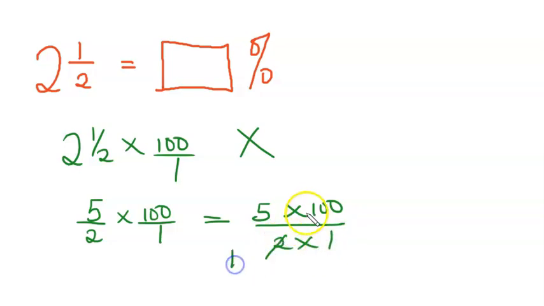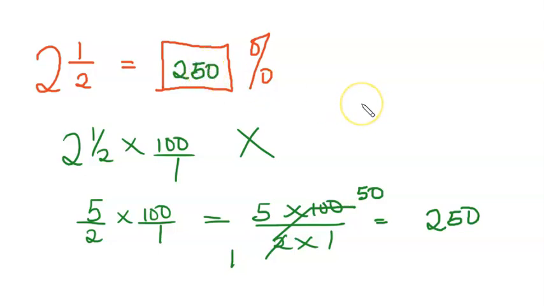2 goes here 1 and 2 goes here how many times? 50. So we have what? 5 times 50 is 250. So we can say 2.5 is 250%. You see that? We have 2 complete 100 and then we have 50, which is half of 100.